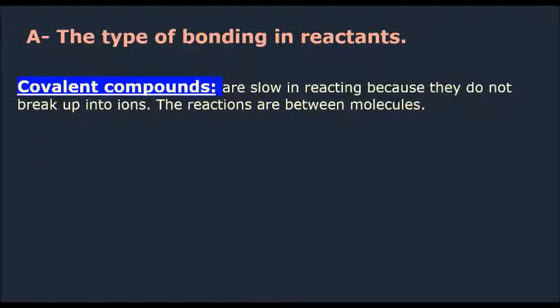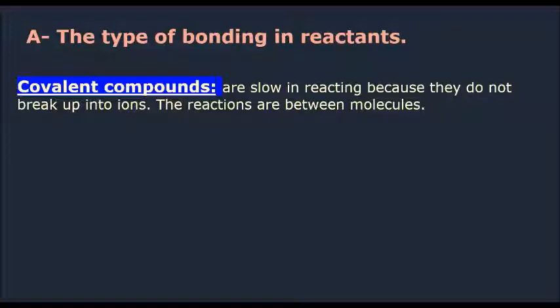We have studied 2 types of bonds. Ionic bond, which is always formed between ions, and covalent bond, which is formed between two non-metals by sharing of electrons. So the ionic bond produces ionic compounds and the covalent bonds form covalent compounds. Covalent compounds are always slow in reacting.